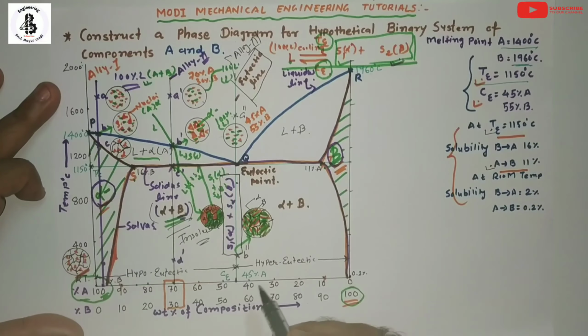Above this it makes 100% liquid of A and B, here 20% of A and 80% of B. Similarly, it touches the liquidus line.